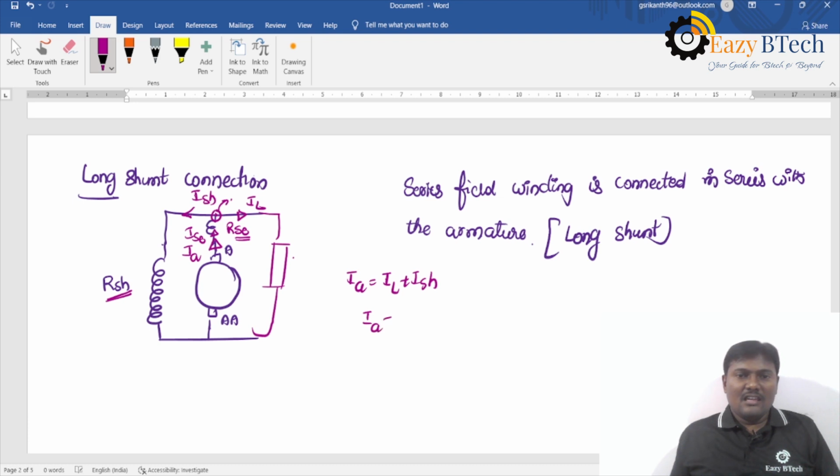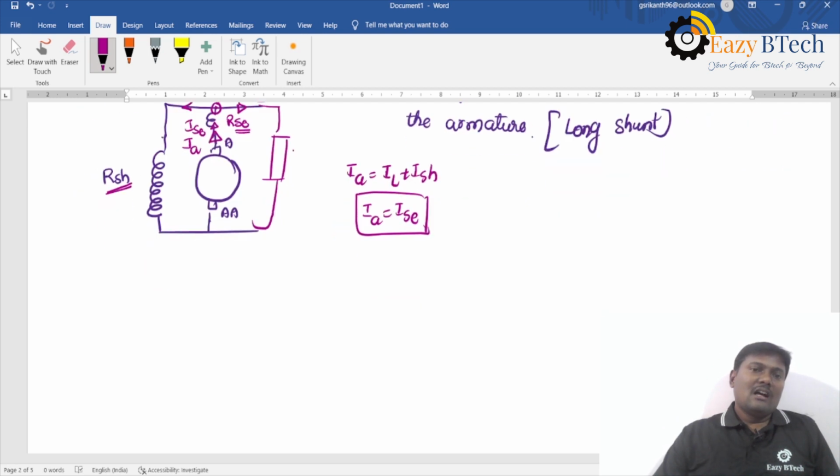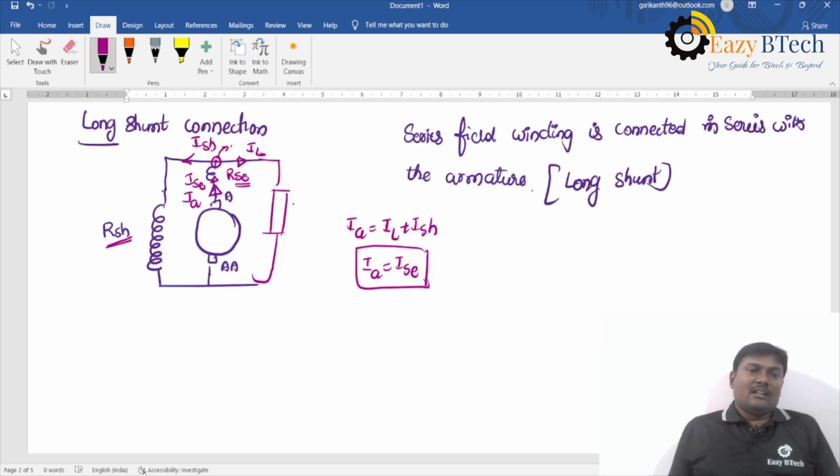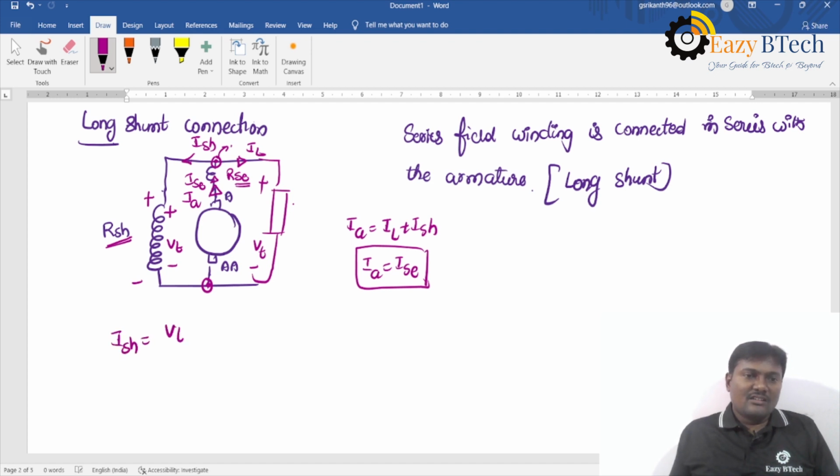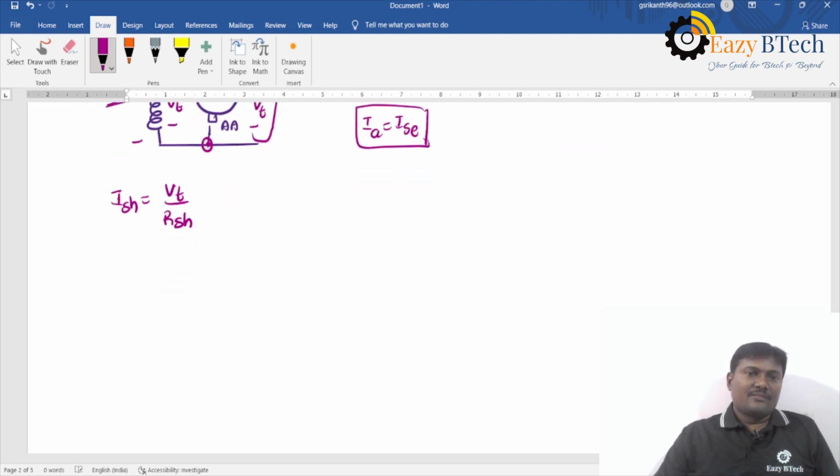Here Ia is equal to Isc. This is very important. The terminal voltage is VT, and the voltage across the shunt field winding is also VT. ISH is equal to VT divided by RSH.